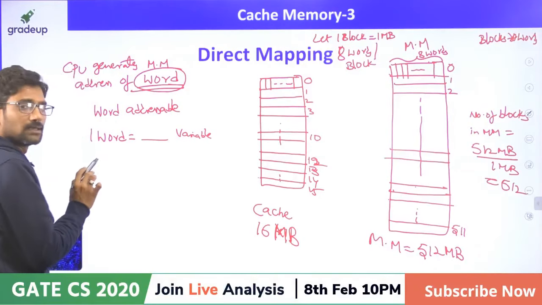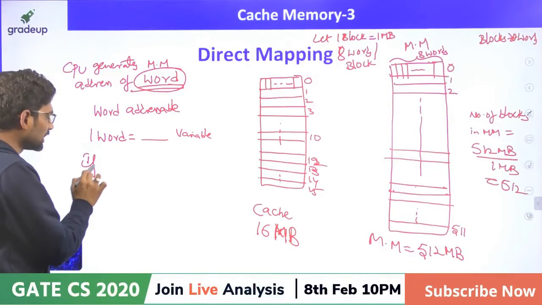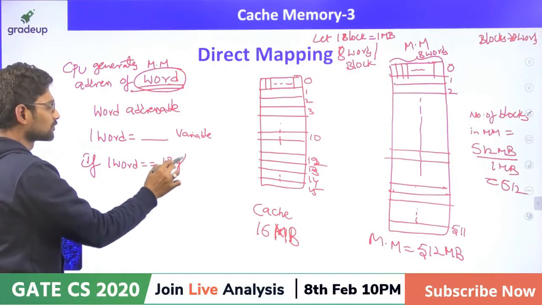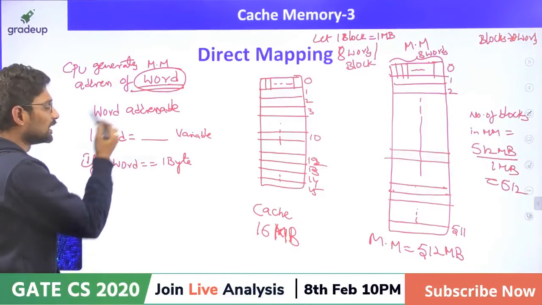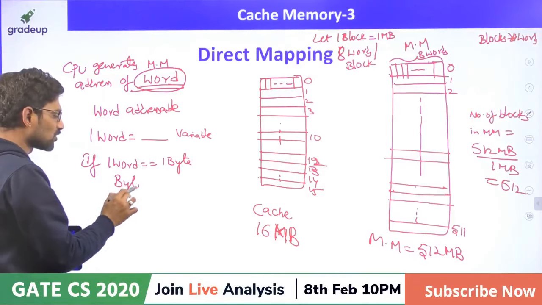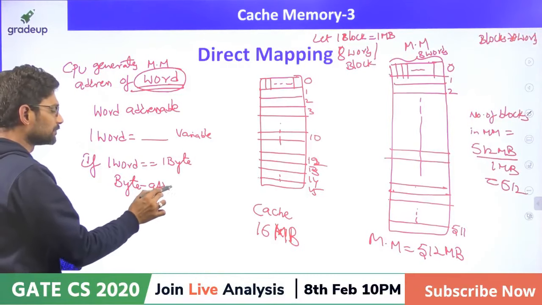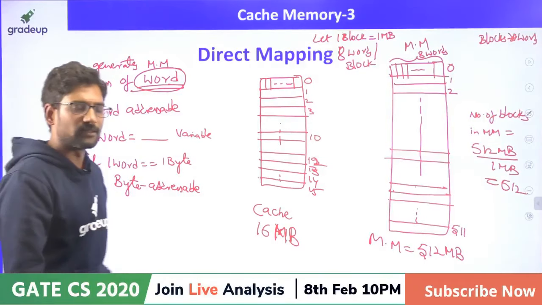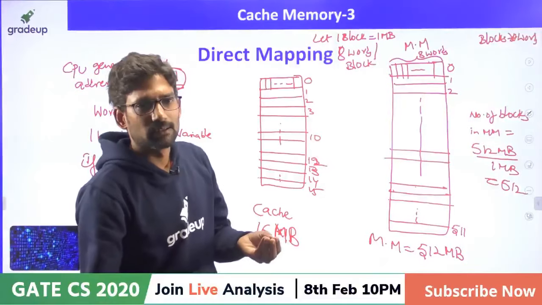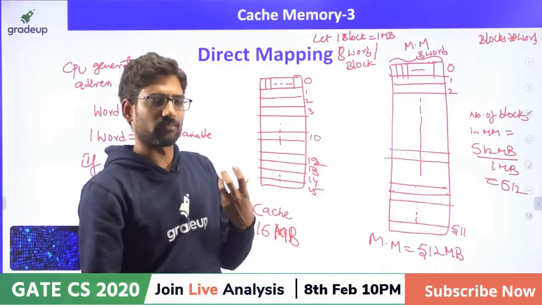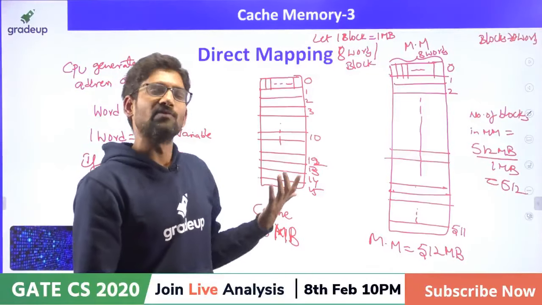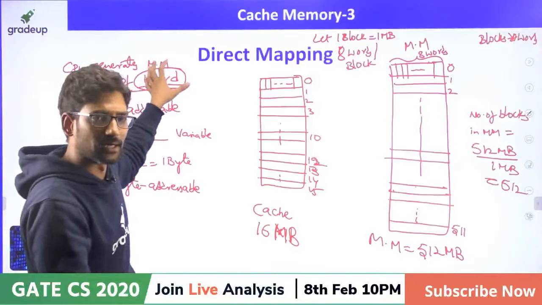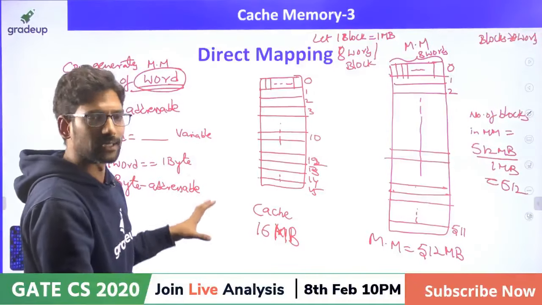Okay. And if one word is equal to 1 byte, then word addressable is also called what? Byte addressable, isn't it? So sometimes you will see this term byte addressable. Then you need not feel it is something new. Word addressable and byte addressable are the same. Here one word, one address. Here one byte, one address.